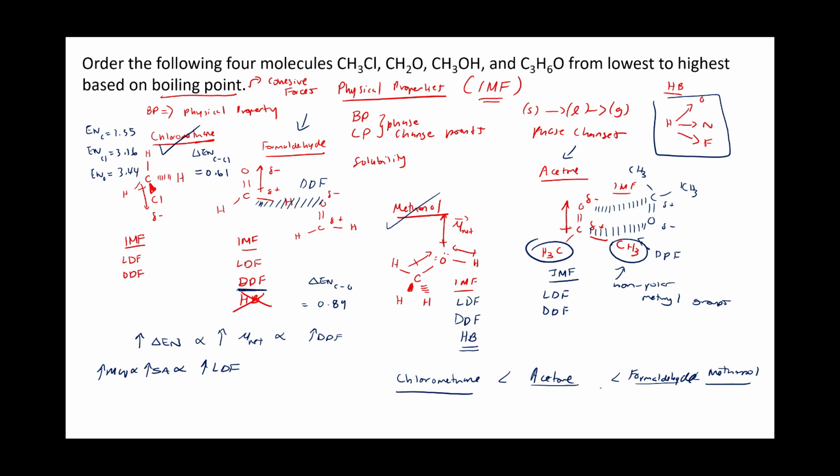The reasoning for this is because acetone itself has these bulky, nonpolar methyl groups. It's going to reduce the overall dipole moment of the molecule, so it makes it less of a polar molecule, and it weakens the dipole-dipole force, right?